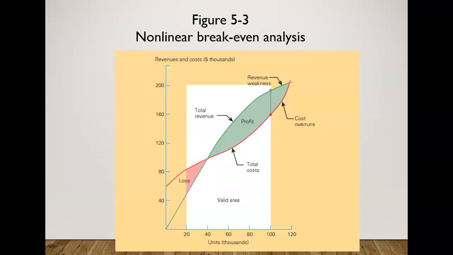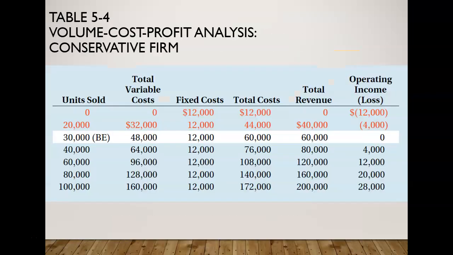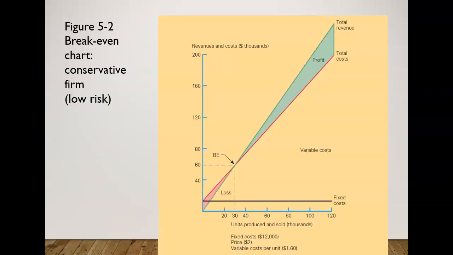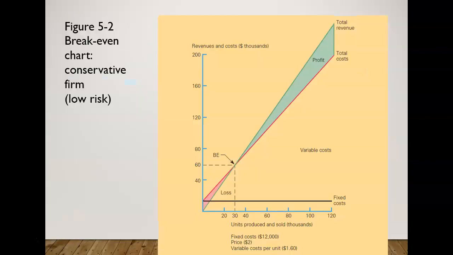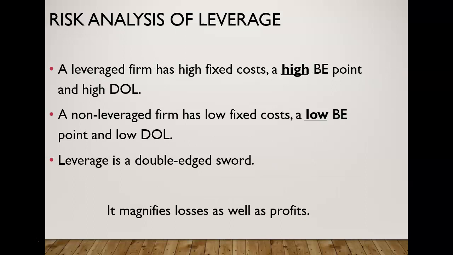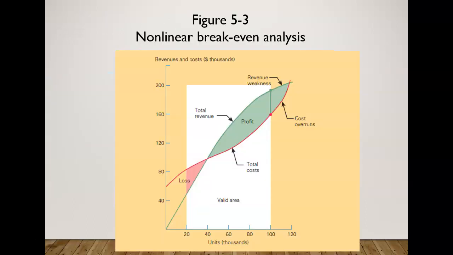Now, for the most part, we have been assuming that there is a linear relationship between production and sales versus revenue and cost. As you can see here, the lines are very straight in this case. But there may not always be a straight line. There could be some nonlinearity occurring.